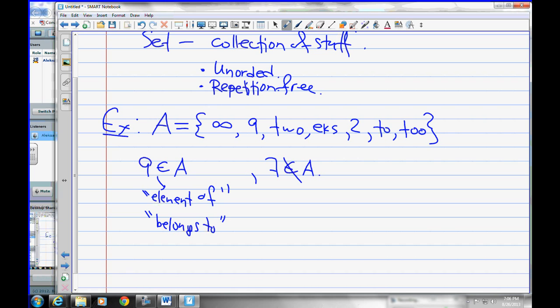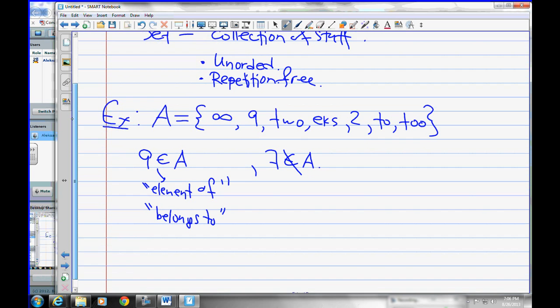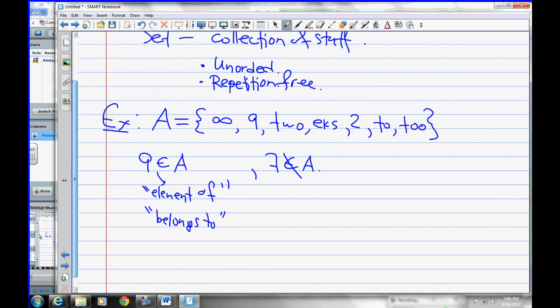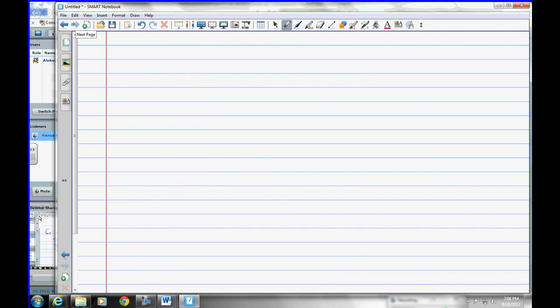Now, of course, the sets that we'll be dealing with will have numbers in them, most likely real numbers. Okay, so that's what we're focusing on today. So the first set of real numbers that we're going to look at is the set of natural numbers. Now, what are natural numbers?